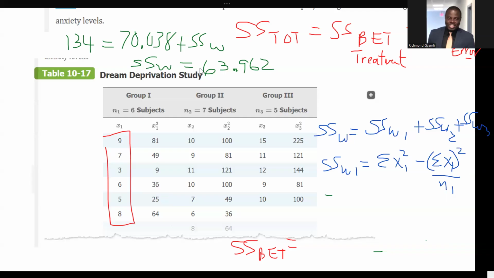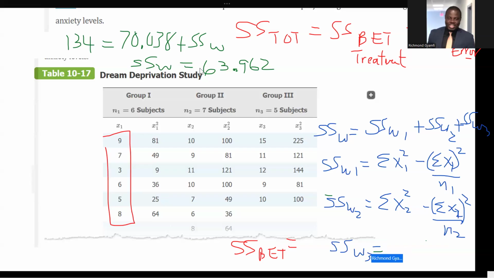And then SSW2, same thing, only that you're doing it for group 2, minus summation of x2 squared over n2. SSW3, same thing: summation of x3 squared minus summation of x3 all squared over n3, like that.